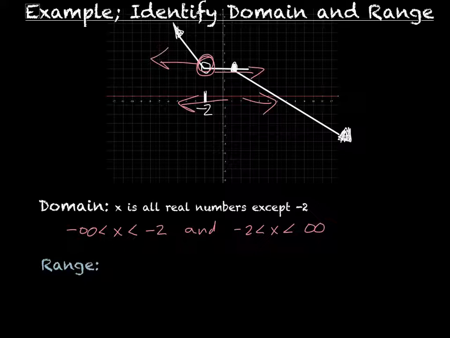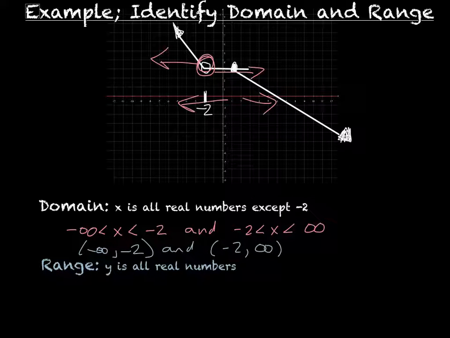So that's a possibility for an inequality. Or we could write the interval negative infinity up to but not including negative 2, and negative 2 up to infinity.